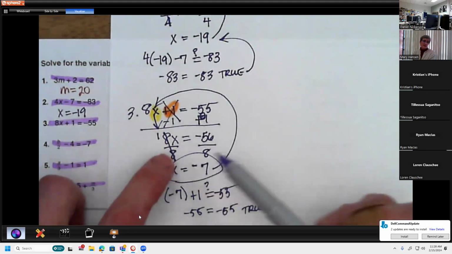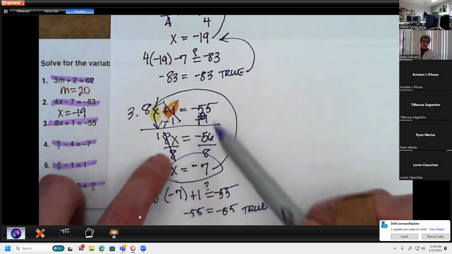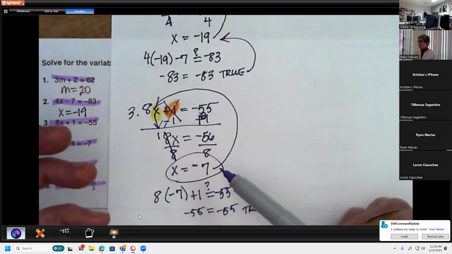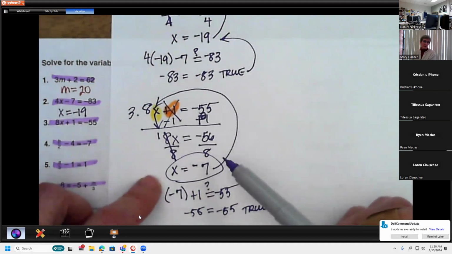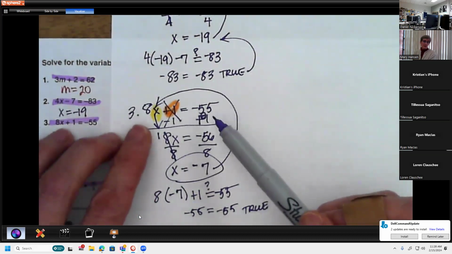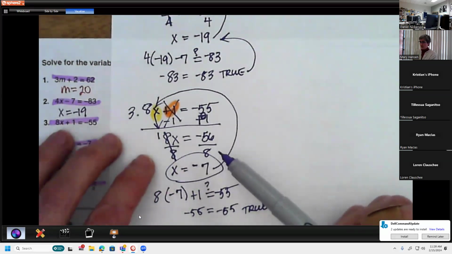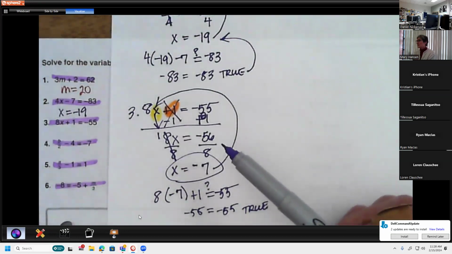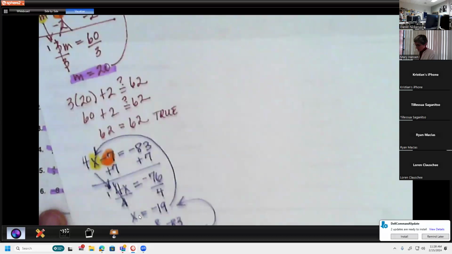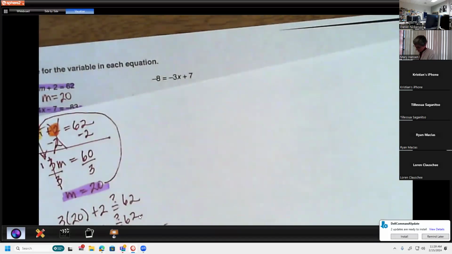And are you knowing to divide by 8? If you've got some computation errors in here, we can clean those up, okay, as we get more practice with positives and negatives, and we can also use the calculator to help us. But most important is, are you getting the process right? And if you're getting the process right, some of the other stuff will start to fall into place as we go. Okay, let's do one more and then that was number 3.